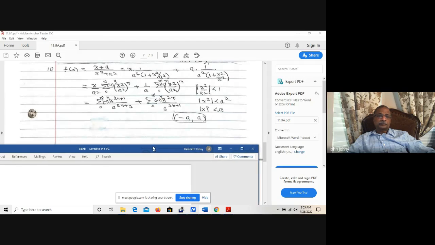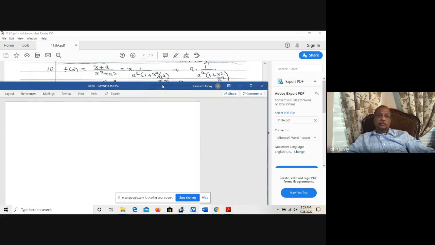Number 10. f(x) is equal to (x plus a) over (x squared plus a squared). So you split it into 2. That is x over (x squared plus a squared) plus a over (x squared plus a squared). From the denominator, you pull out an a squared. So the denominator becomes a squared times (1 plus x squared over a squared).